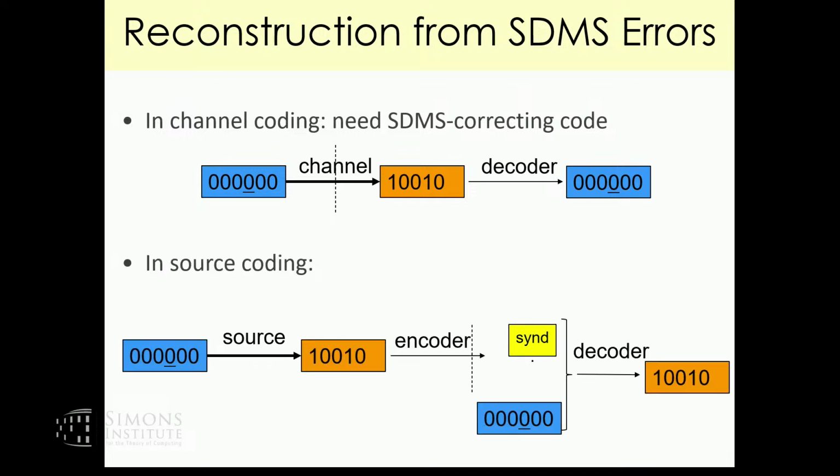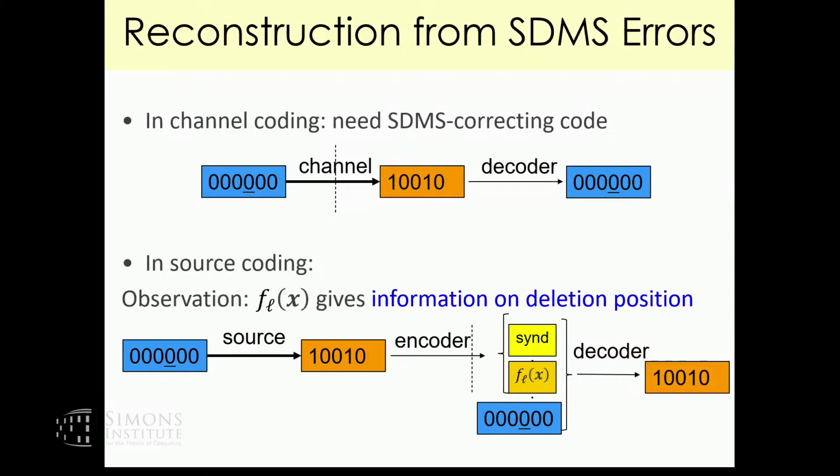If you want to talk about the source coding, the problem is not much different. The only difference is that now we get the side information, this Y, and this syndrome. And we need to use a similar decoding, maybe with the same code, to get back to the X, the orange. That doesn't help.